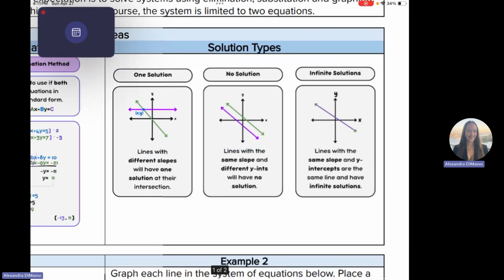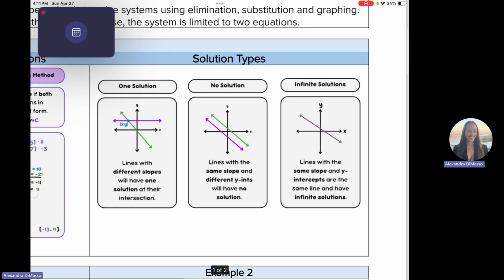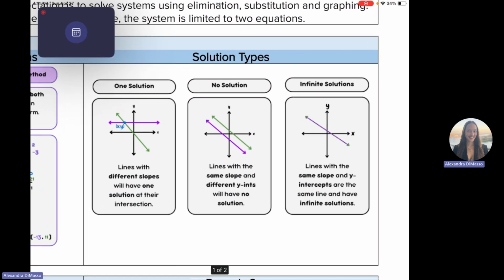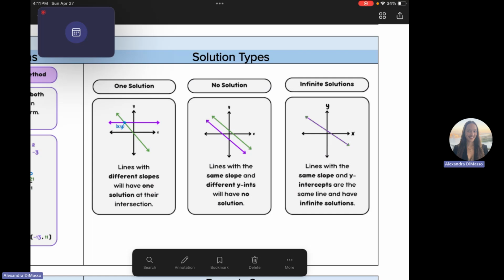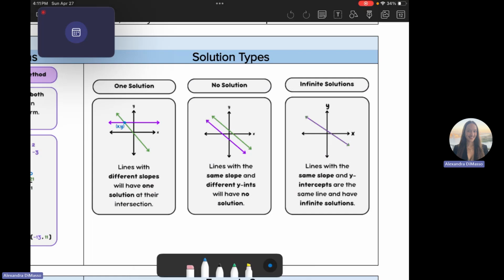Now, there are three different types of solutions that we can have when we are looking at a system of equations. One solution would be when the two lines have different slopes, but there's one point where they intersect or cross over one another. In this picture, you can see it's this xy coordinate point.